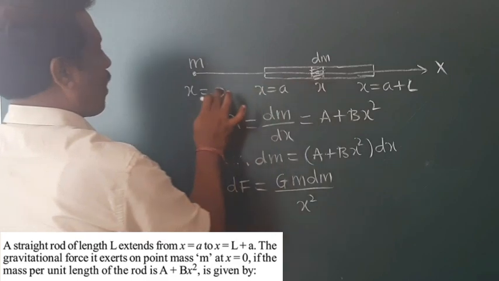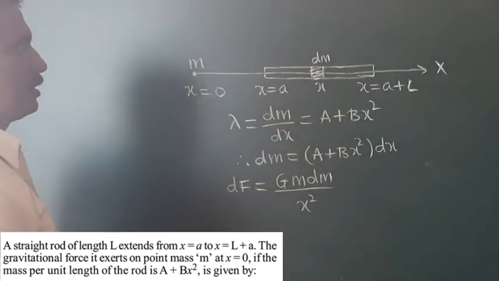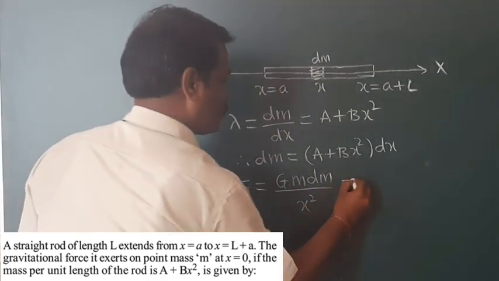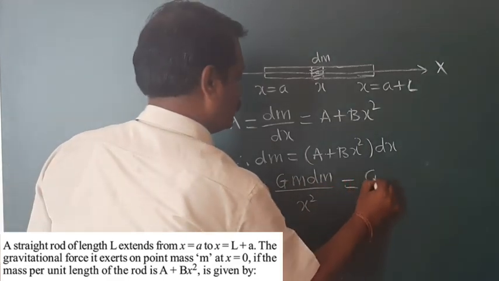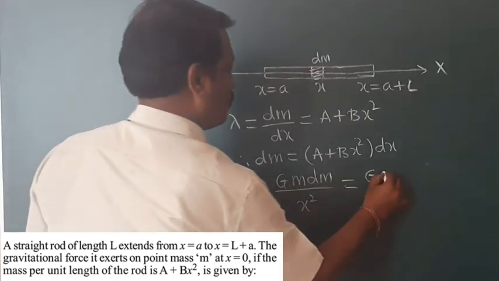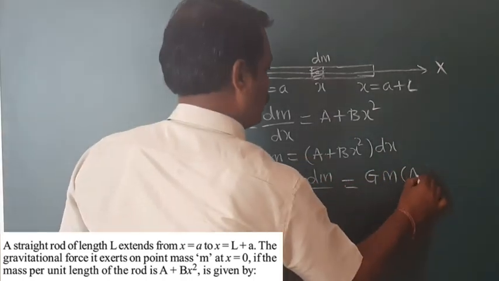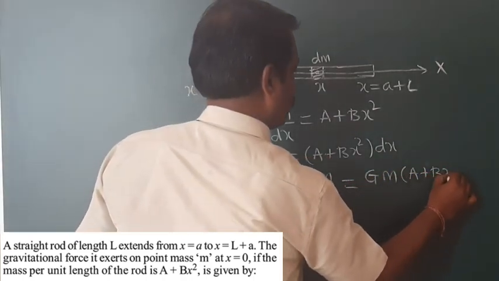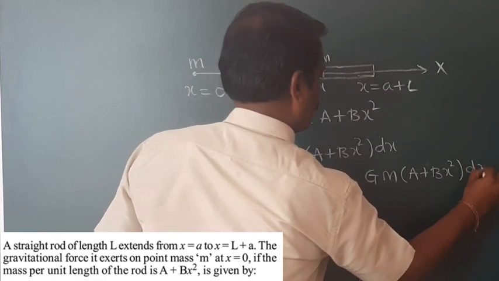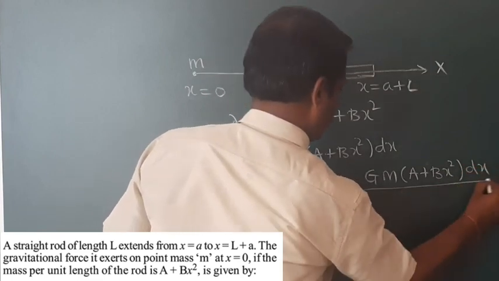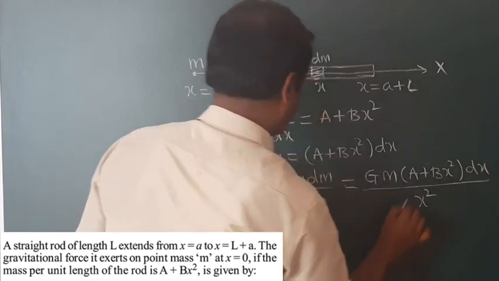Suppose here the distance is x. That is equal to g m, here dm can be written as a plus bx square dx divided by x square.